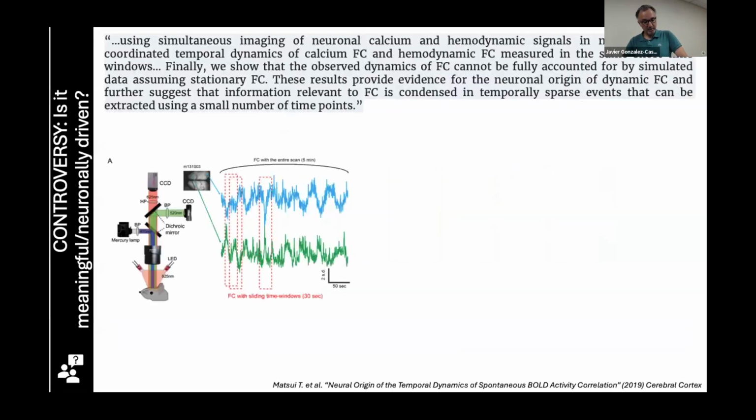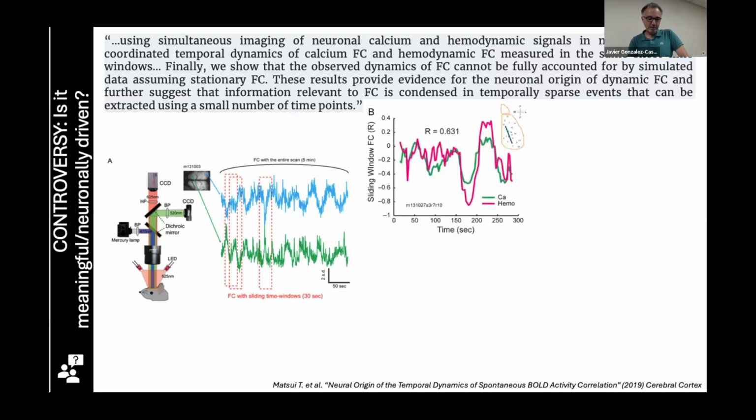There are also studies that have shown, in this case in mice, they record both neuronal and hemodynamic signals all across the brain. This is not fMRI. And what they've shown is that when they do a sliding window correlation based on the hemodynamic signal or on the calcium signal, which is a direct neuronal recording, they follow each other very well.